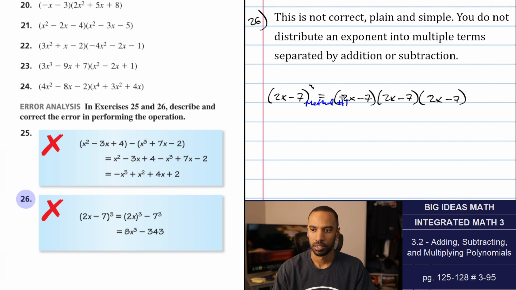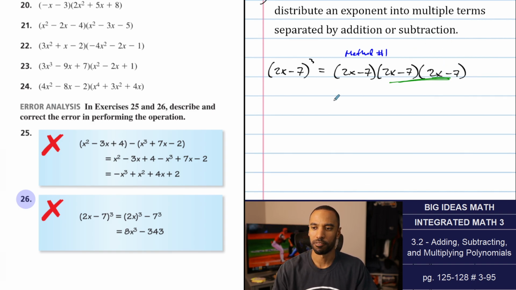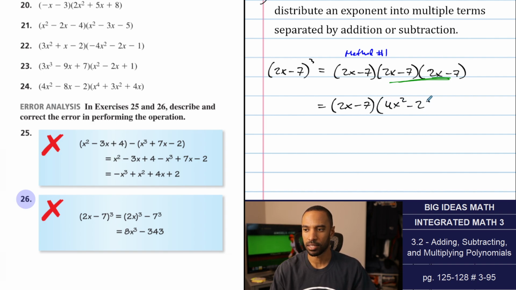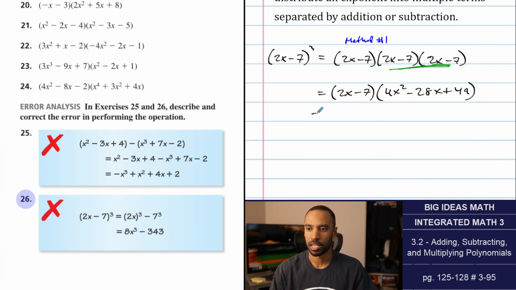Method number 1. What I'm going to first do is expand. I'm going to get those two together. Now, this is a perfect square trinomial when you get that together. So really quickly, I'm going to write that as 4x squared minus 28x plus 49. And then we've got to expand that out.